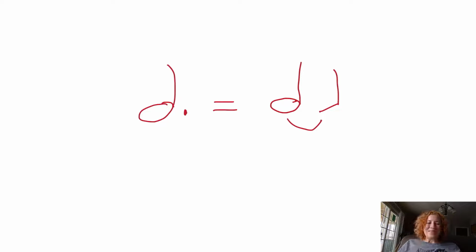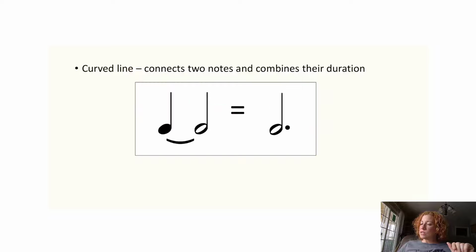Right? What is that? It is called a tie, and it's a line that connects the duration of 2 notes. And I want you to be careful not to confuse it with a slur, which is a way of connecting 2 notes melodically. So here we have the tie, right? And you can see that they're right next to each other. They are the same note, like they're both a D or they're both an A or whatever, and they are connected with a tie.